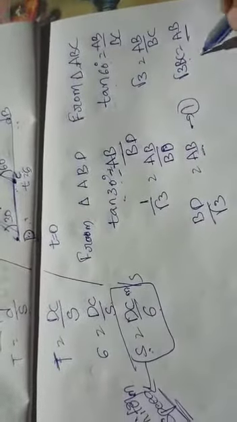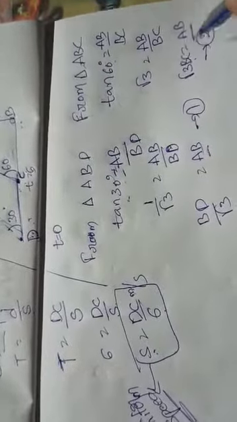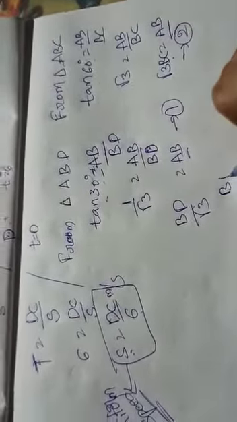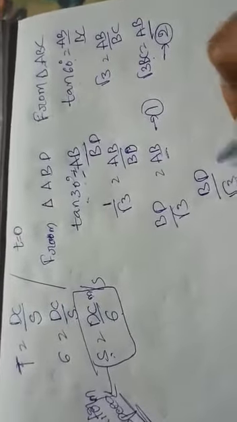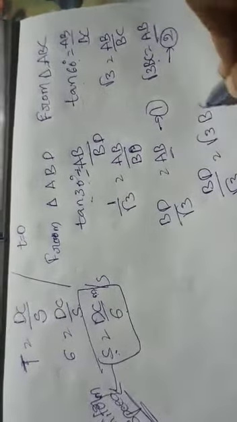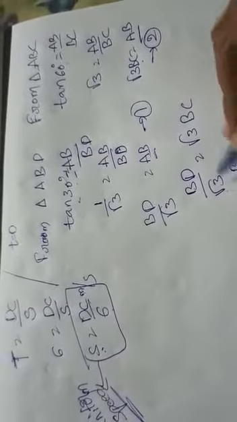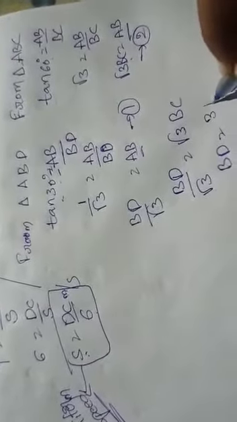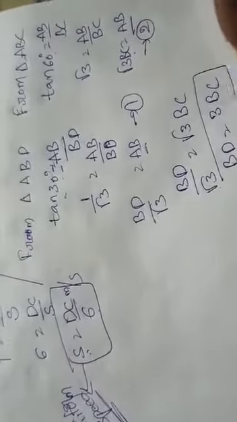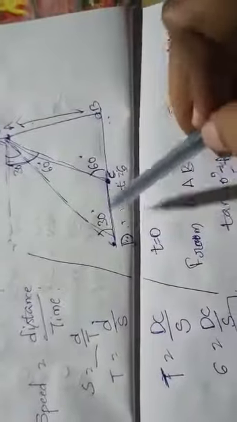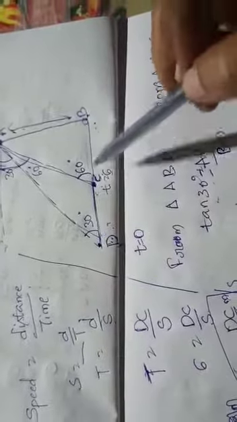Equating equations 1 and 2, BD by root 3 equals root 3 into BC. Therefore BD equals root 3 into root 3, 3BC. Here BD equals 3BC.